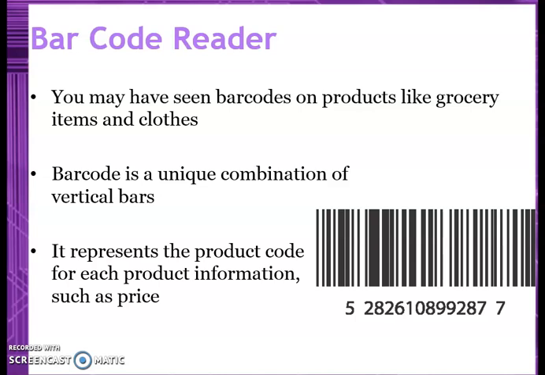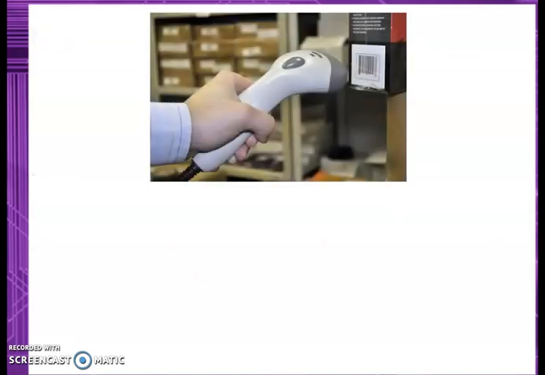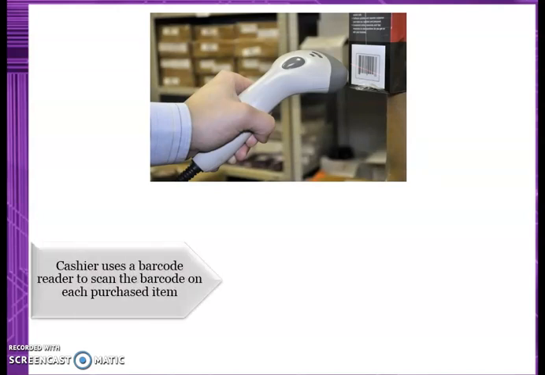These bars show the information about the product, which company it belongs to, what this product is, what its code is, what its price is, and a lot of information which is stored in this barcode. To read this barcode, they have a specific device that is called a barcode reader. This type of device is seen in many shops.